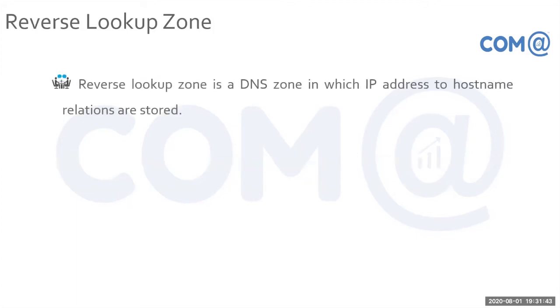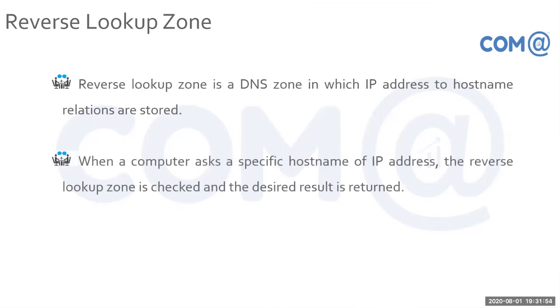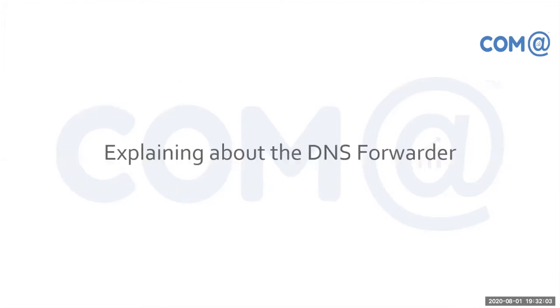The reverse lookup zone is a DNS zone in which IP address to host name related information is stored. When a computer asks for a specific host name with the IP address, the reverse lookup zone is verified and the desired result is returned back to the client.